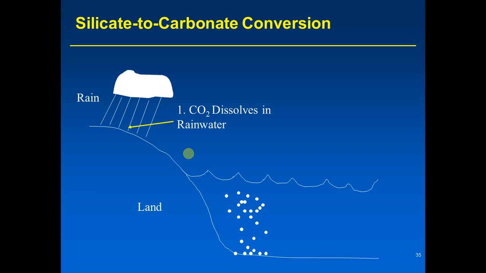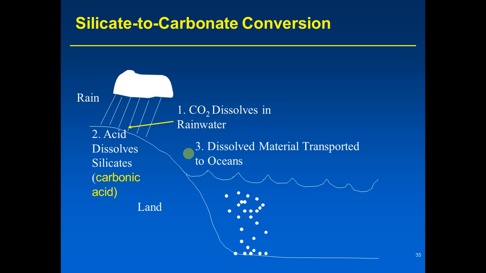The next part of the chemical weathering phase is that carbonic acid forms, it dissolves the silicates, okay? So these two steps make up the chemical weathering phase. The second phase of the silicate to carbonate conversion process is the transport phase. So this dissolved material is then transported to the oceans by rivers.